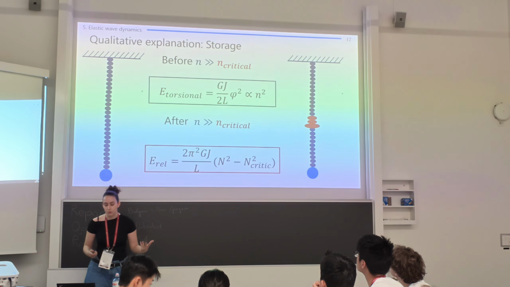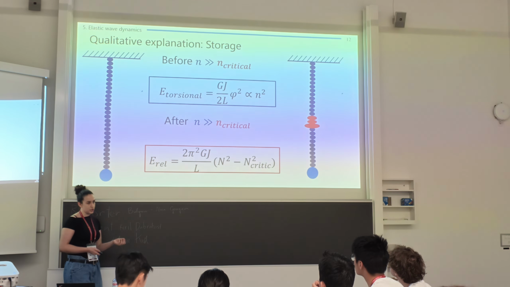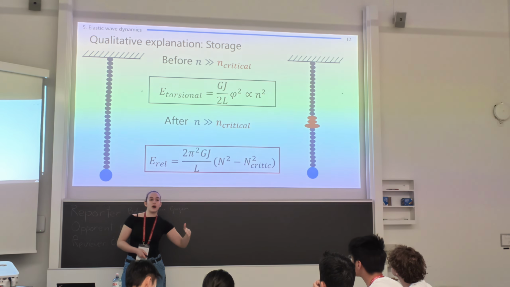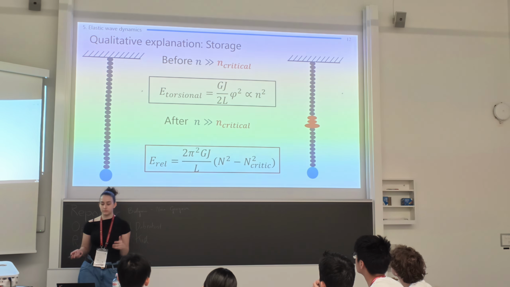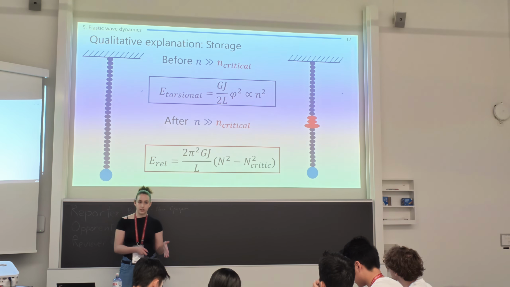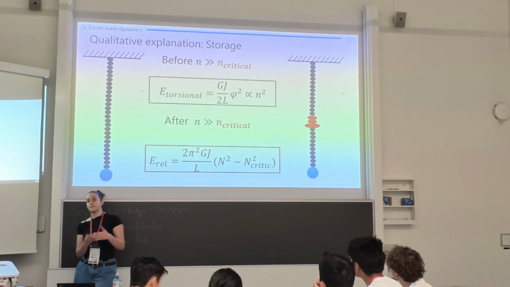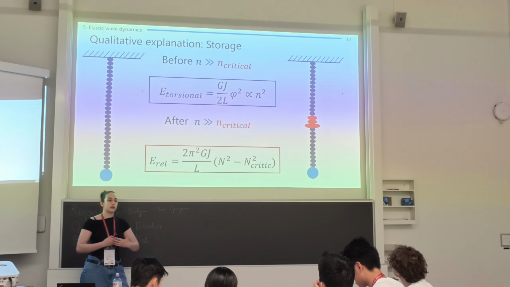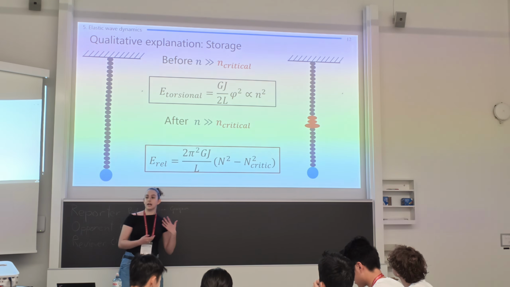Before this critical number is reached, we get one energy, and after it is reached and the number of winds is bigger than the critical number, we get another set of energy. This phenomenon which occurs after the critical number is the cause of the standing wave.